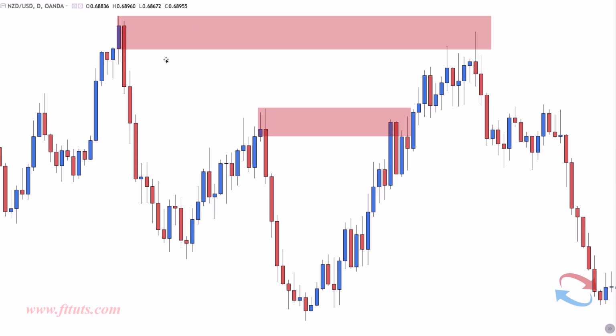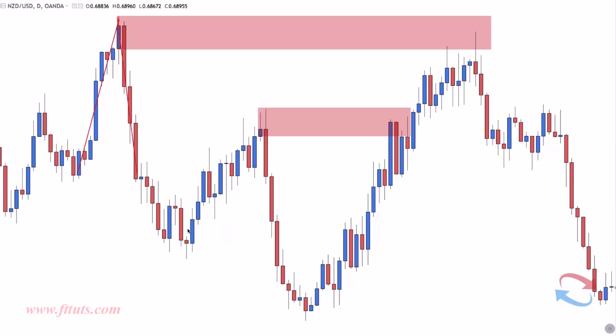If we look at this example on the US dollar, New Zealand dollar, we have a lot of demand coming in and then a lot of supply. That really is an odds enhancer when it comes to looking at levels that are going to potentially hold.